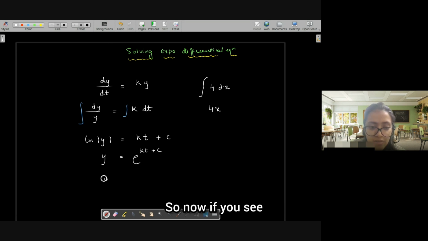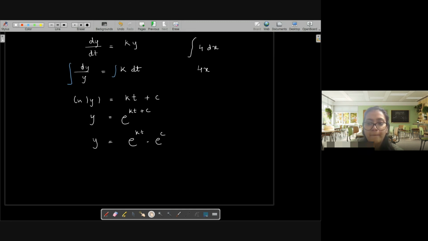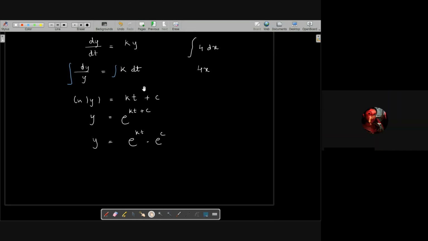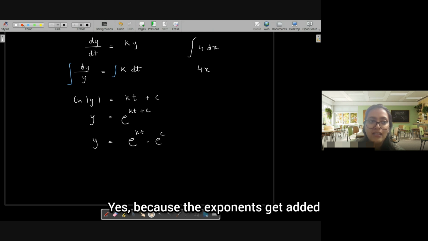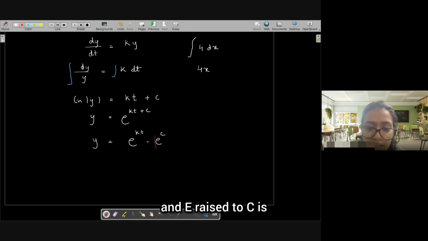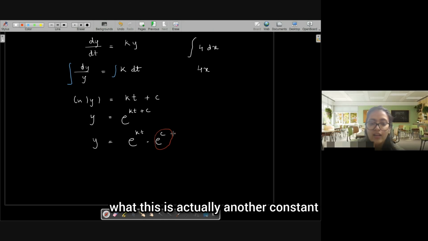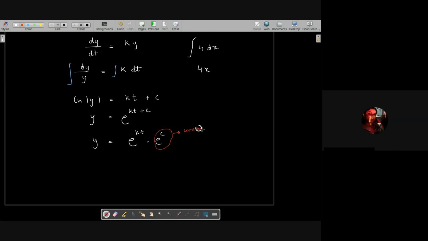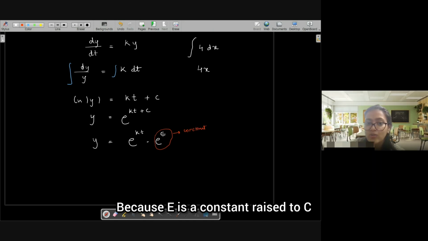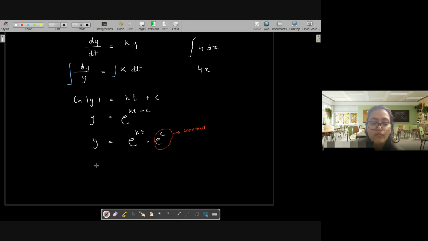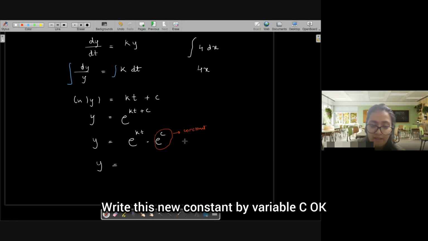So now, if you see, I can write this as e raised to kt times e raised to c, because the exponents get added. And e raised to c is what? This is actually another constant. This will be a constant, right? Because e is a constant, raised to c, c is another constant. So I will write this new constant by variable c.